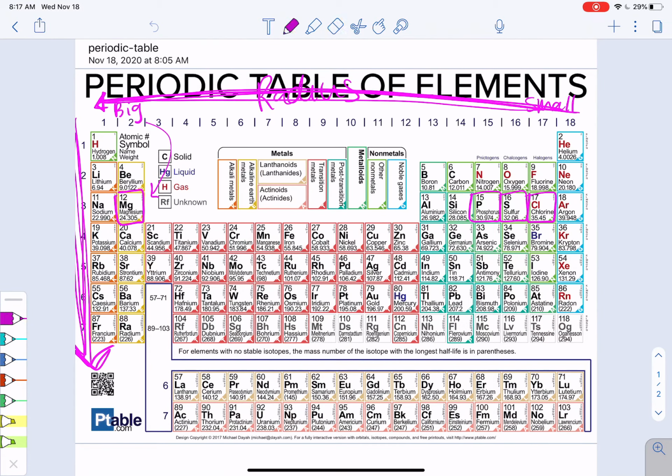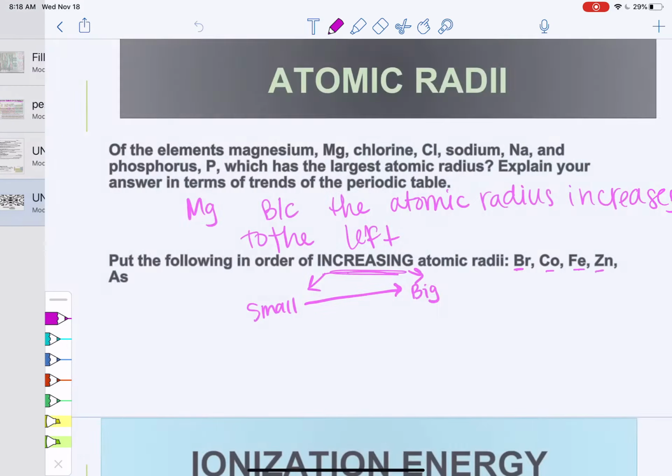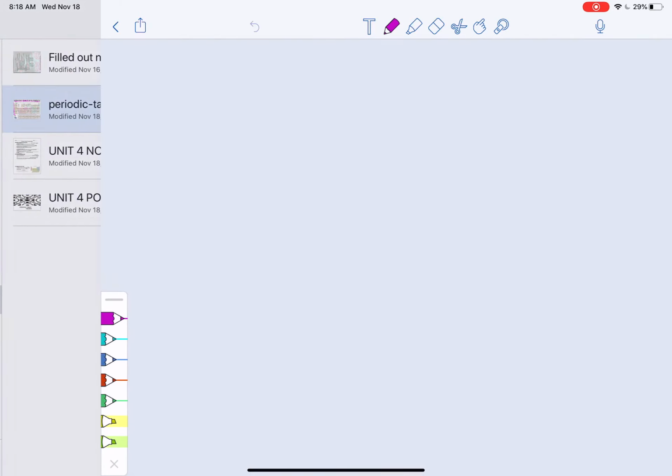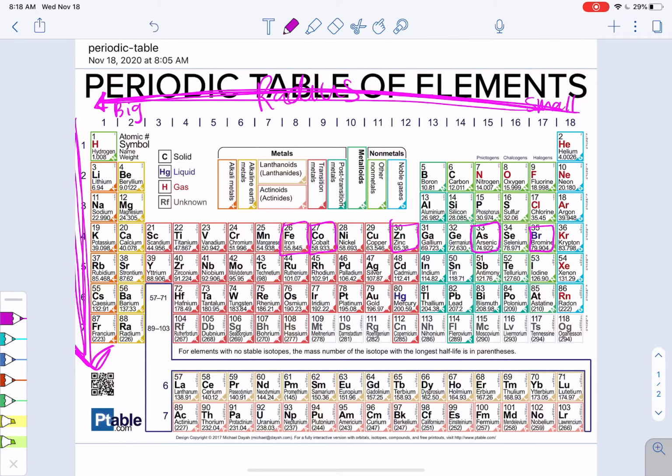We are going to find bromine, cobalt, iron, zinc. I don't know what else was on there. Oh, and arsenic. And we need to put them in the order of small to big.